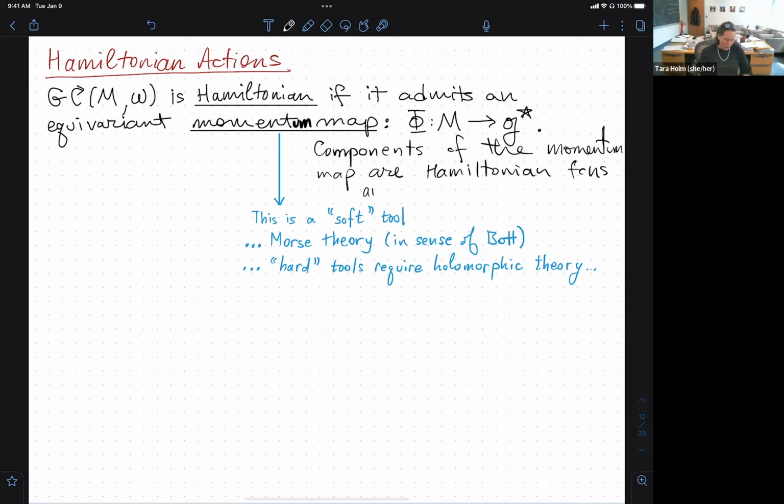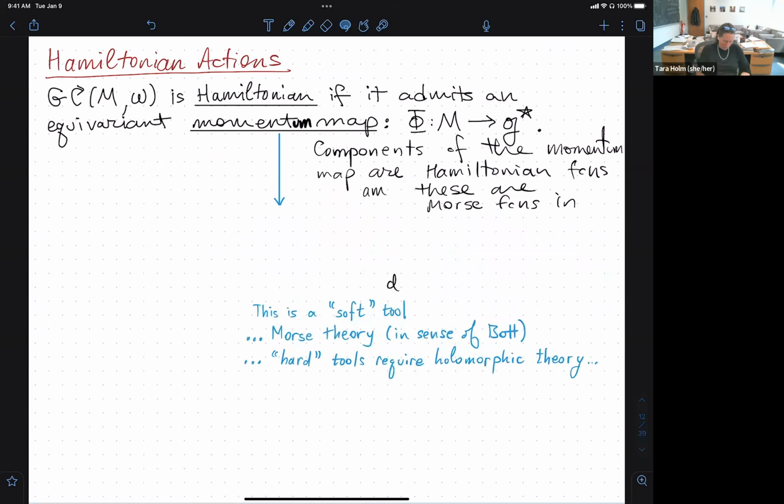And these are all Morse functions in the sense of Bott on the manifold M.